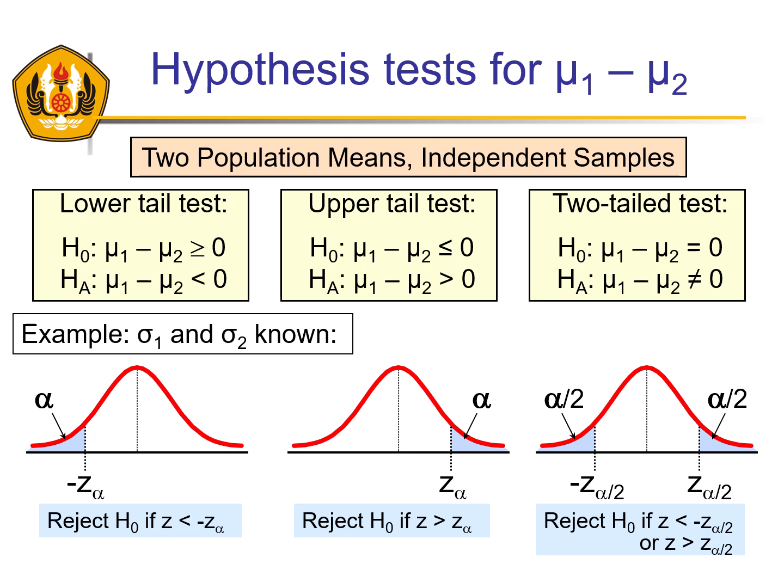Alpha indicates the probability of rejecting the null hypothesis when the null hypothesis is true.